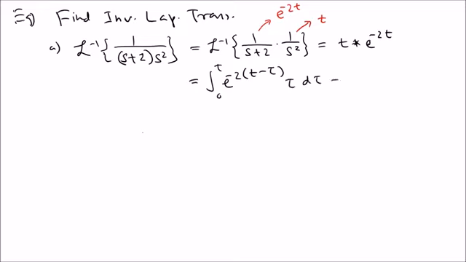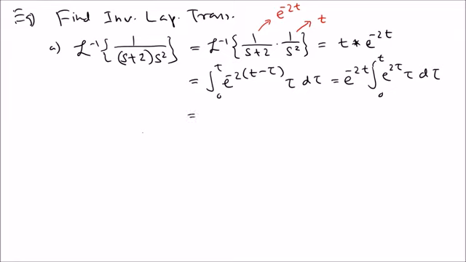You can pull out e to the negative 2t because that's a constant now. Then the integral from 0 to t of e to the positive 2 tau times tau d tau, because of the negative sign. This is a very easy integral using integration by parts.